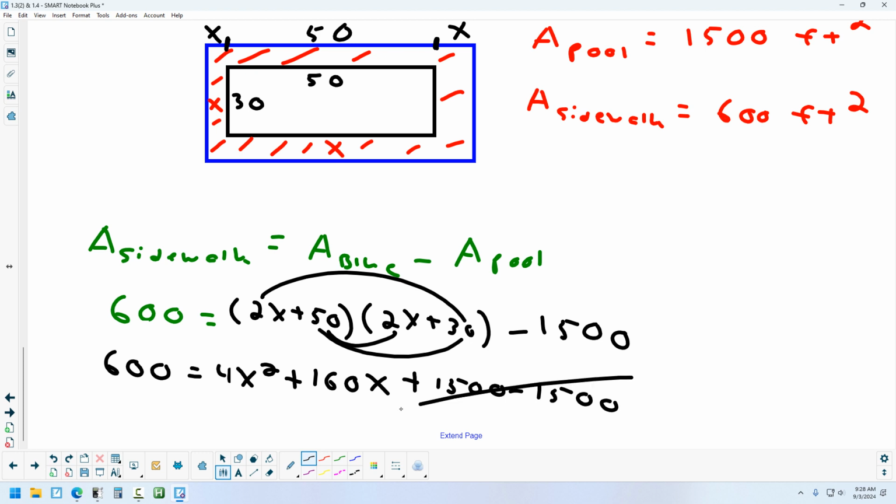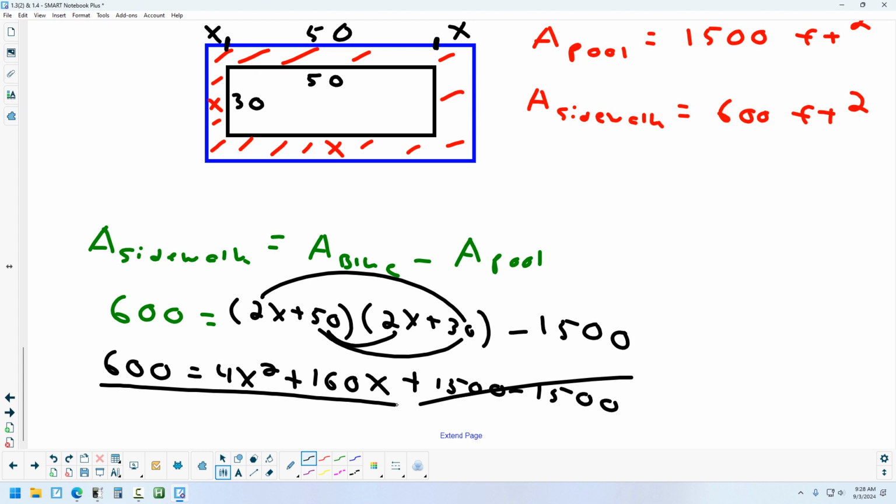Well, we had a plus 1,500 from foiling it out, and then we had a minus 1,500 for the area of the pool. So what kind of equation are we left with right there, since the highest exponent is a 2?